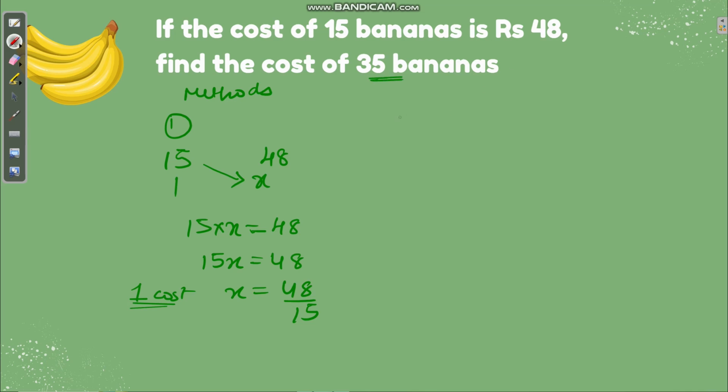The cost of one banana is equal to 48 upon 15. We want to find for 35. We don't know right now. Just cross multiply. So x is equal to 48 upon 15 into 35.